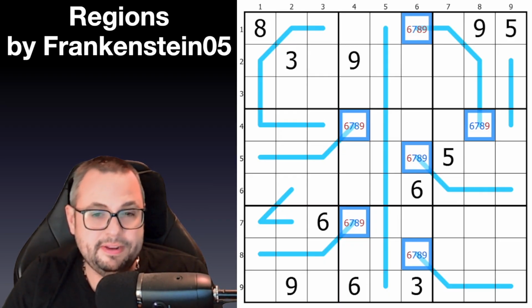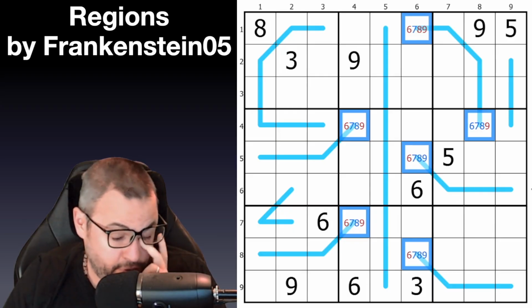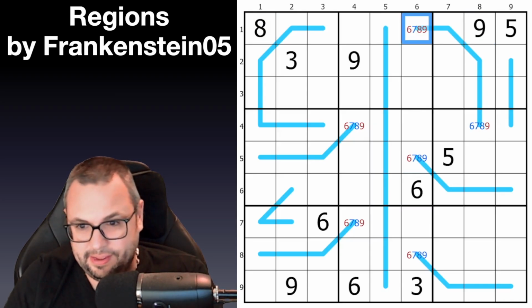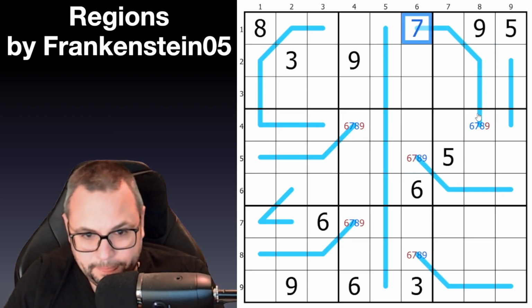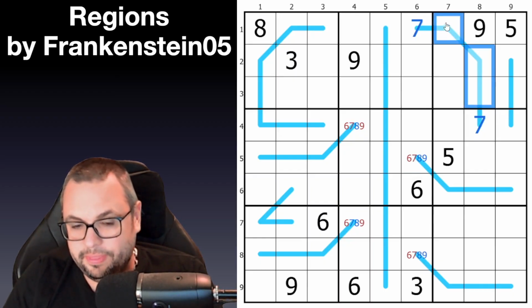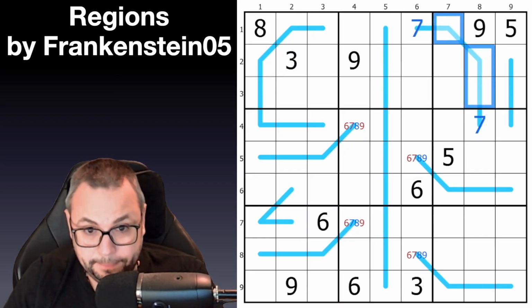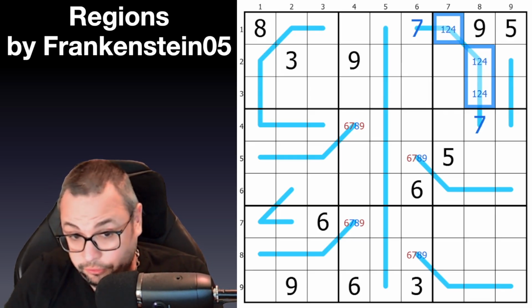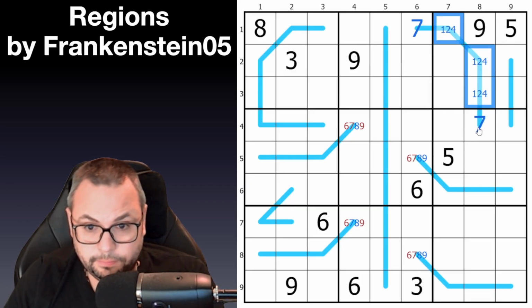And we have some given digits to help. So we have this sort of cheeky 6, 8, 9 looking at this cell, which means that's a 7. And notably, that means this is also a 7, because they're both telling you that the sum of these cells is 7. And the only way that works is if these digits are 1, 2, and 4.